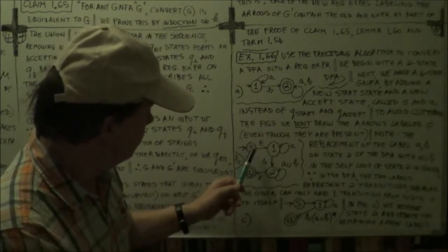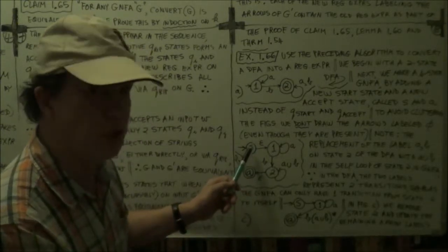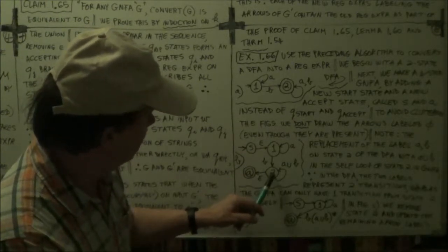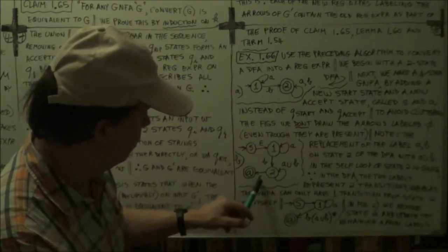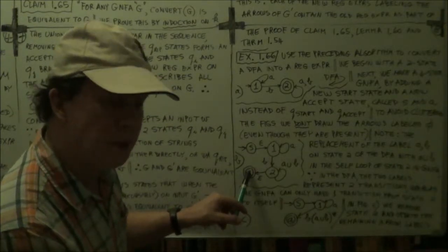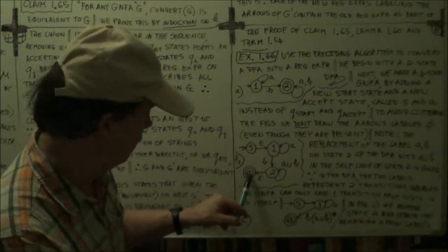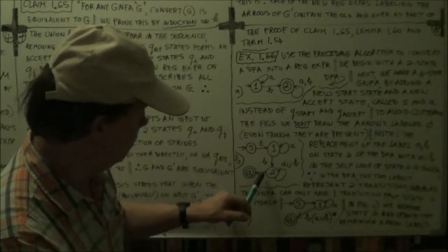So this is the start state of your GNFA. And this is the accept state of your DFA, and it epsilon arrows to a new single accept state for your GNFA here. Here's the label on your transition arrow, epsilon.